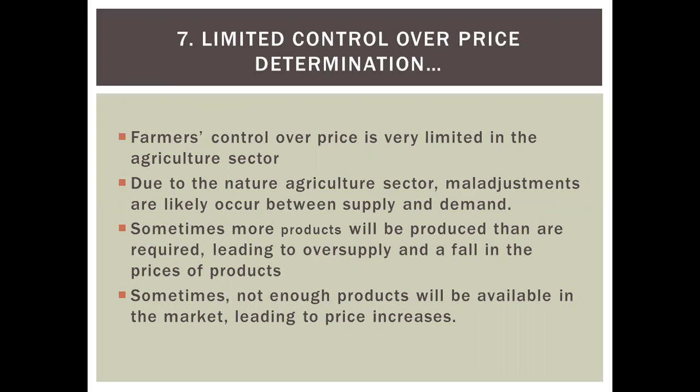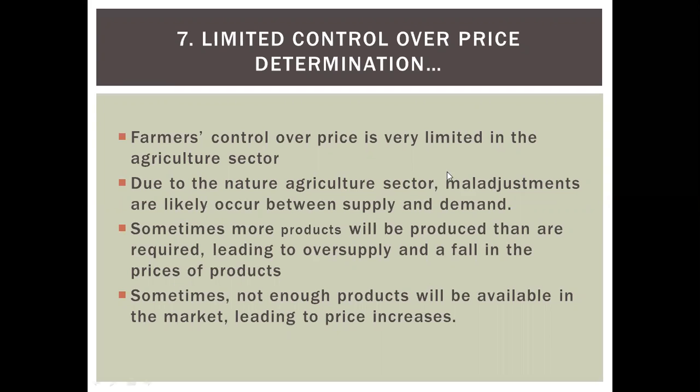If you look at industrial products, the price will be written on the packet itself, showing how much you have to pay. The price is fixed by the company or corporation. But in the agriculture sector, the farmers do not seem to have full control over the determination of the price of their commodities. Farmers' control over price is very limited in the agriculture sector.